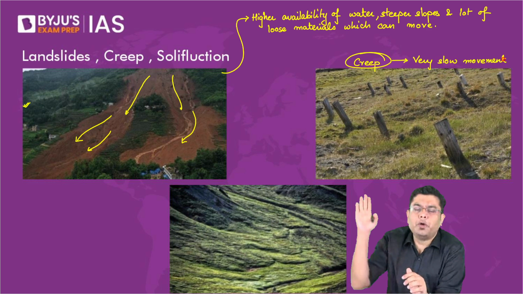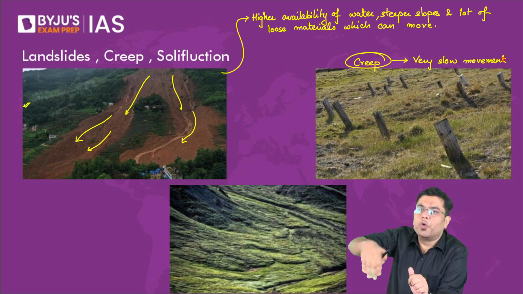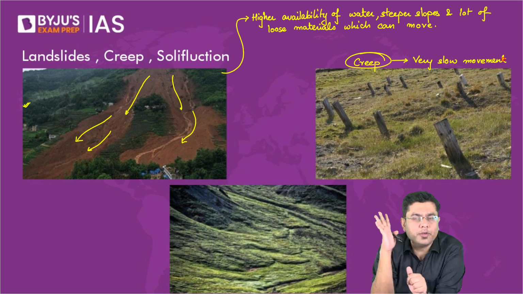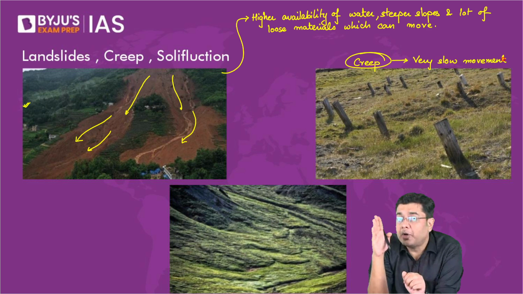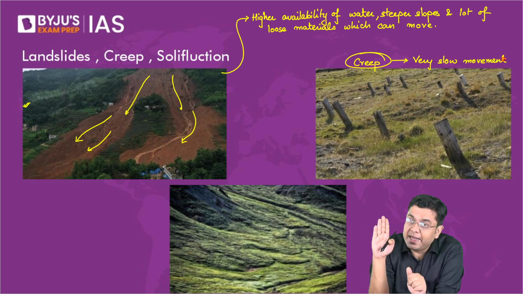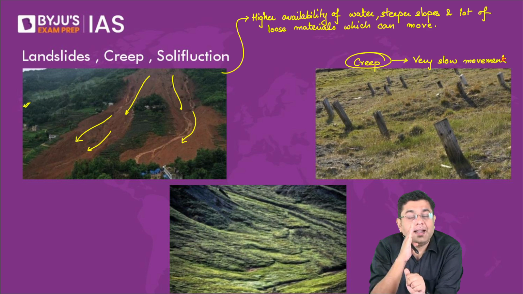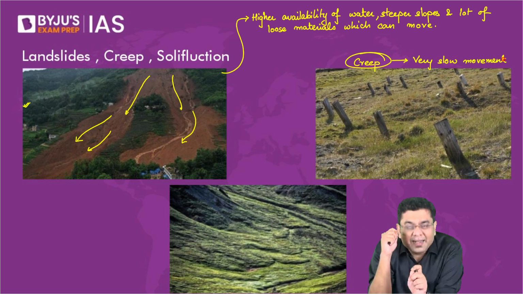I'm not talking about the telephone poles which have completely broken down. That is not due to creep. That is because of administrative negligence. I'm not talking about those cases. I'm talking about where you observe the telephone poles and in certain cases, even the trees, where all of them indicate a bend in the same direction. Slightly they are bent.